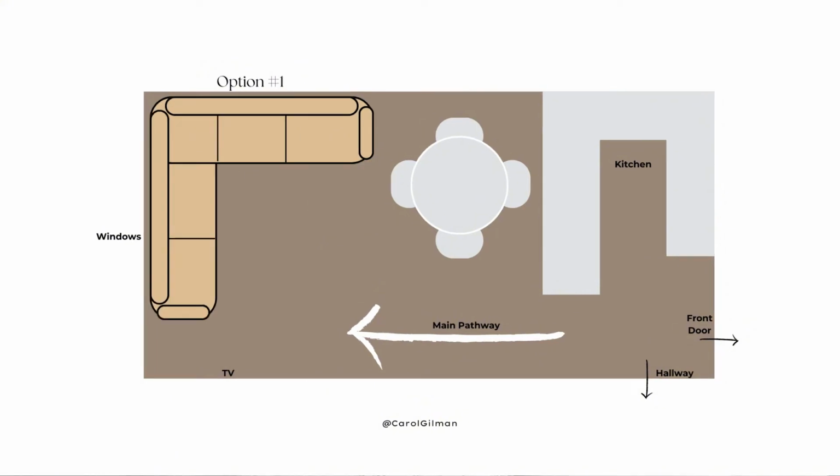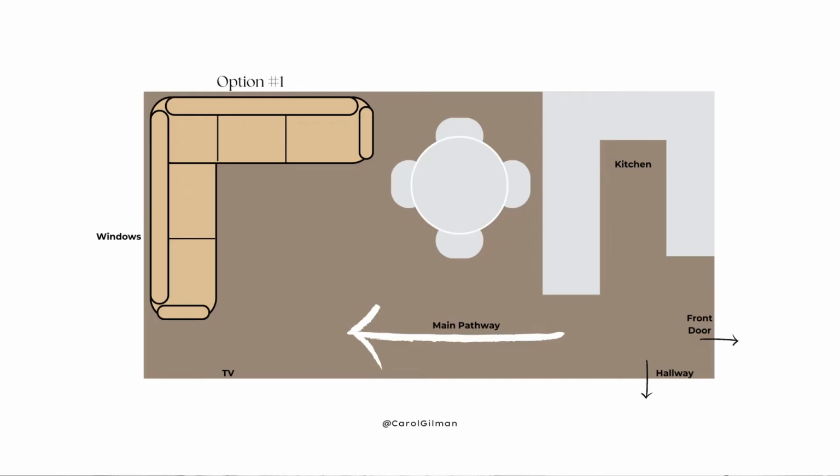And then what happens if we have an L-shaped sectional instead of that sofa chaise? We want to center that sectional on the wall and have at least one side facing the TV. If we place this L-shaped sectional this way, we are going to notice, yes, there's one side that can easily watch the TV and the other side can watch the TV as well.